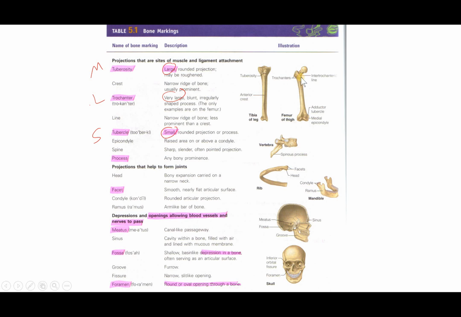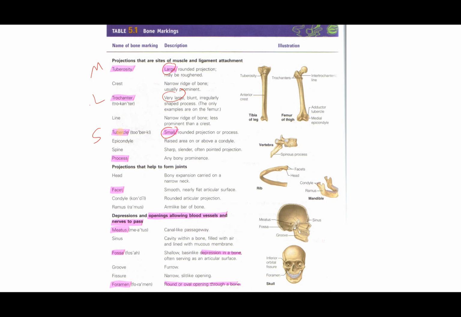Those are muscle attachment sites. Okay, a line, a narrow ridge of bone, is less prominent than a crest. Tubercle is a small rounded projection, so here's your small bump.